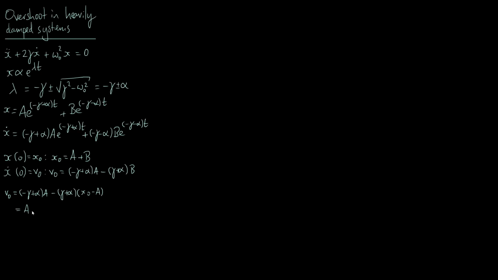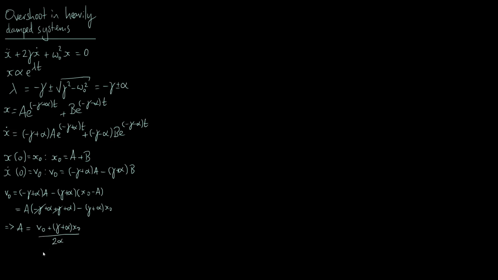The a terms, we've got minus gamma plus alpha, and then we also have a plus gamma from the second bracket and a plus alpha. And then we've still got our minus gamma plus alpha x naught, and this minus gamma cancels with this plus gamma, and then you find that a has to be equal to v0 plus gamma plus alpha x0, all of that divided by 2 alpha.